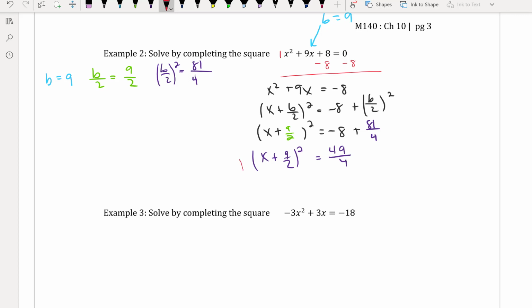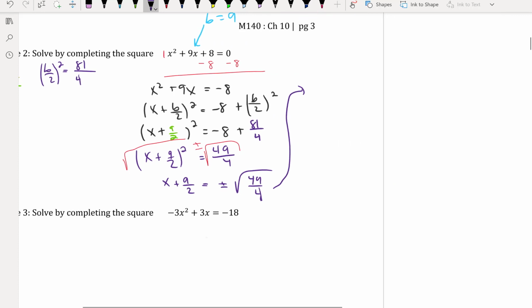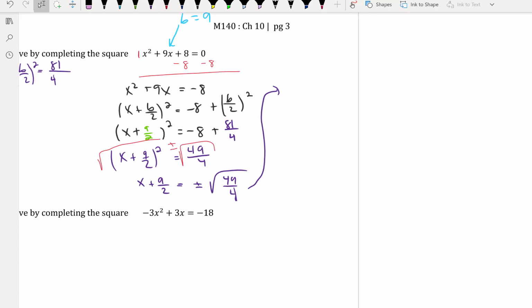From here, I get to square root both sides. Don't forget the plus or minus. So I'm going to get that x plus my 9/2 is equal to plus or minus the square root of 49 over 4. And I kind of ran out of room, so I'm just going to move it over here. So from here, I'm just going to rewrite it.